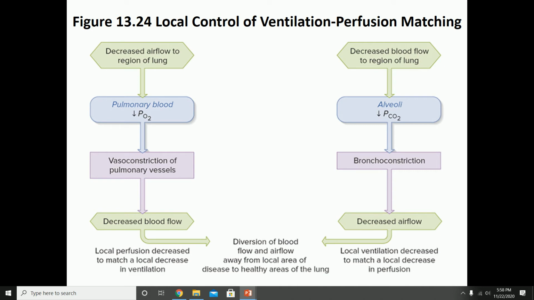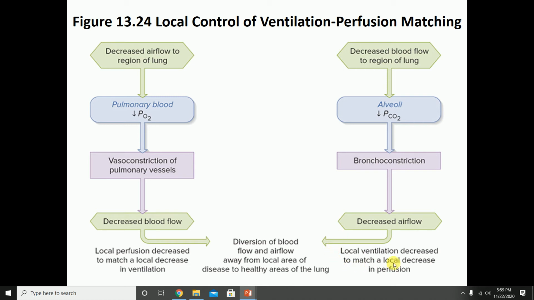So as a reflex, these bronchi will constrict and divert that air away from this part of the lung that is not being properly perfused over to the healthier parts of the lung that are properly perfused.